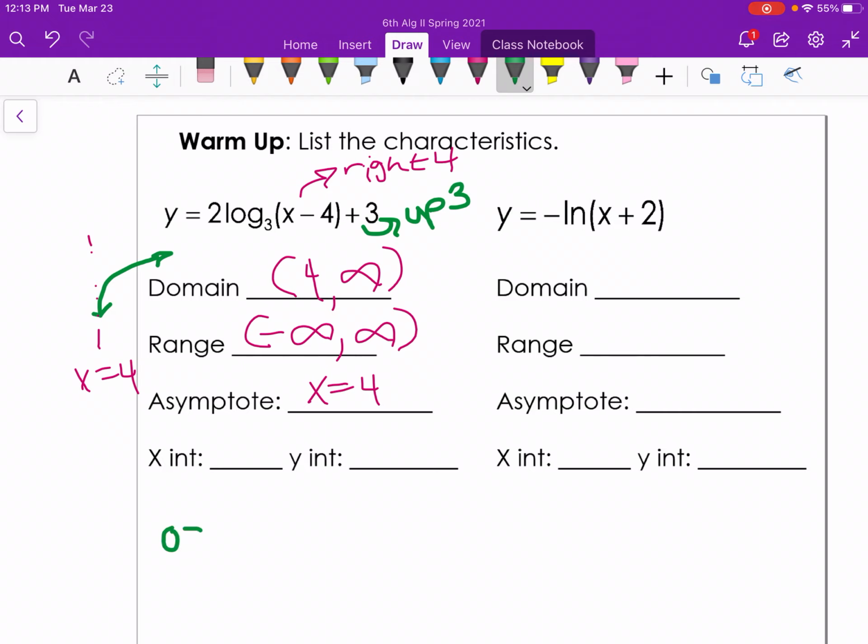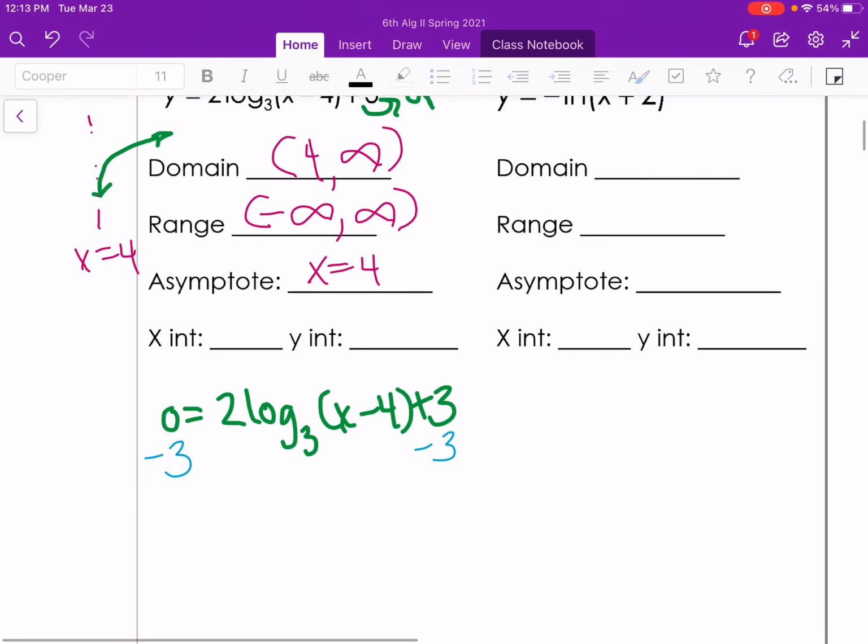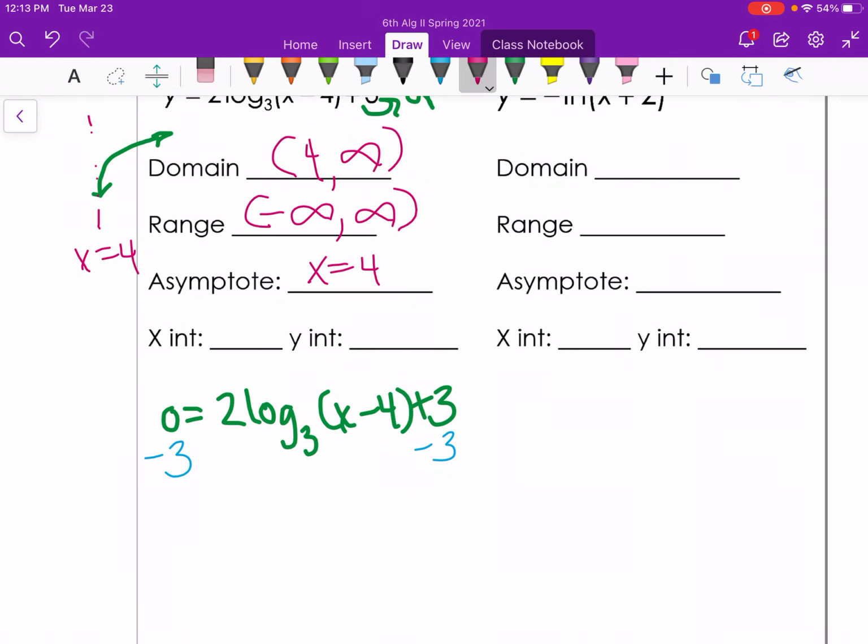So if I said that 0 equals 2 log base 3 of x minus 4 plus 3, subtract 3 from both sides, I have negative 3 equals 2 log base 3 of x minus 4. Divide by 2.